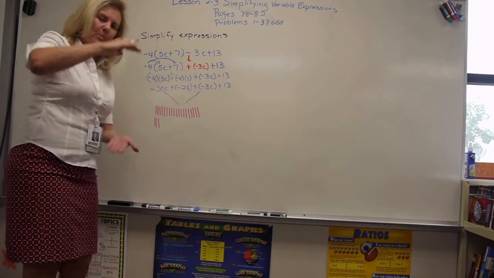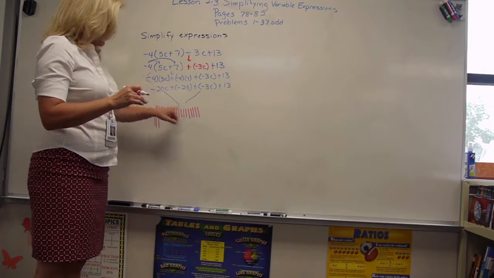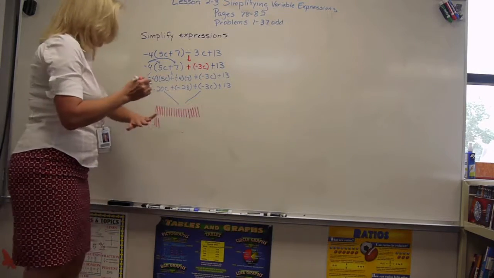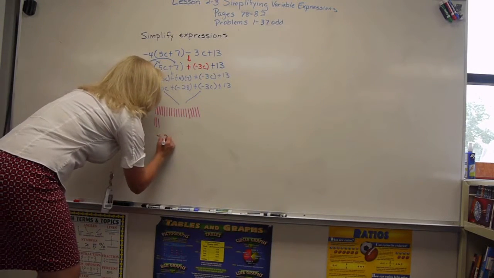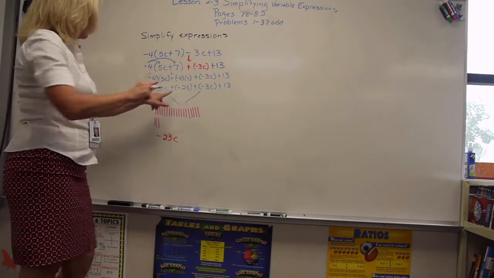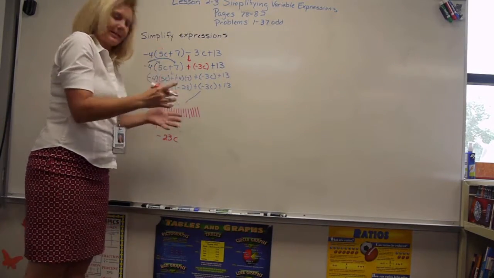They're all the long bars. Well, when I pull those two together, negative 20c plus negative 3c, they're all red. I have negative 23c. Done with that, because my constants look different.